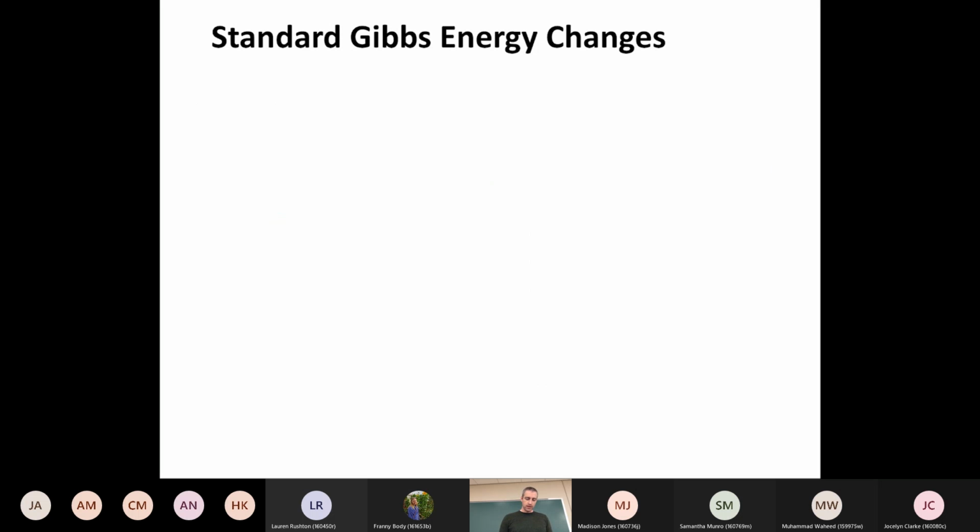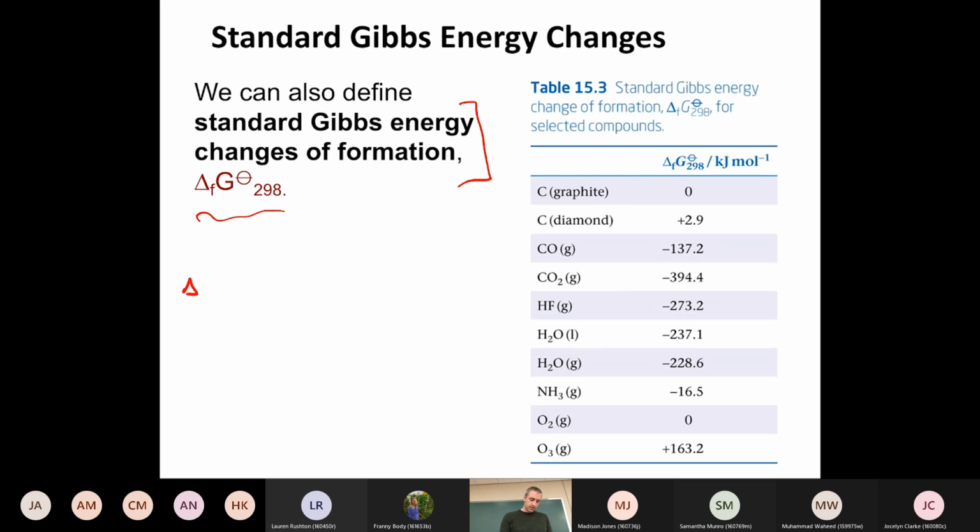You just need to use the equation delta R G at 298 is equal to delta F G of the products, minus the delta G of formation of the reactants.